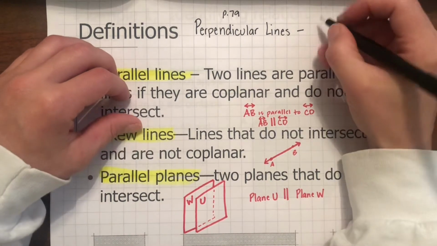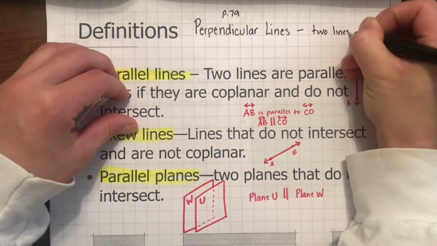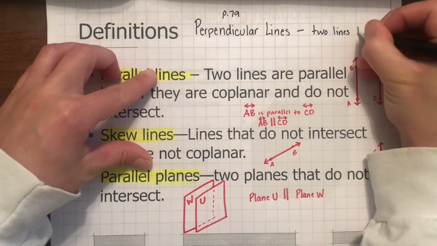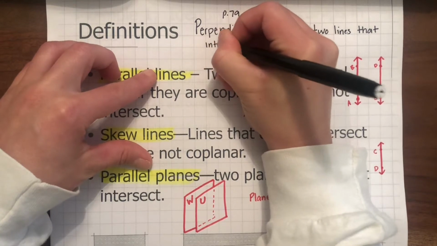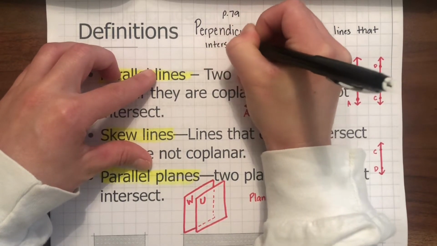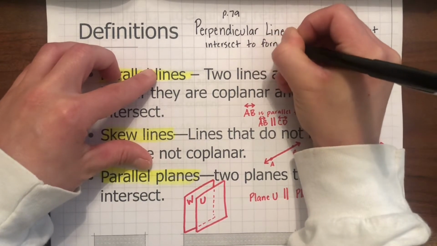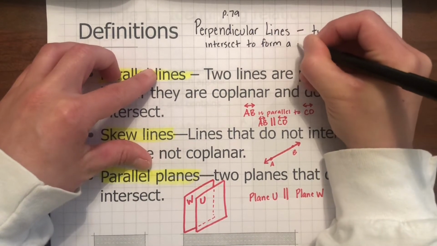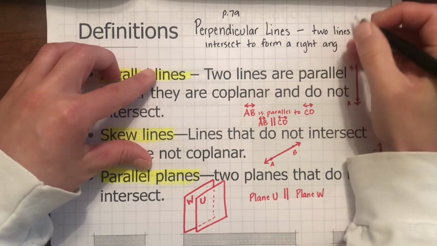So basically a perpendicular line, it's two lines that intersect to form a right angle, okay?